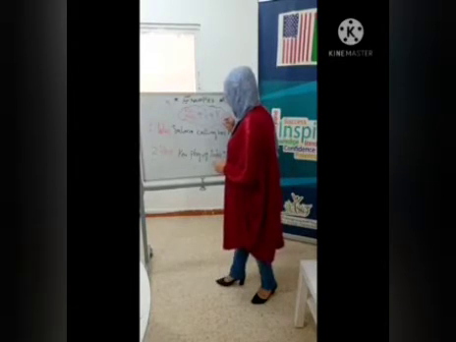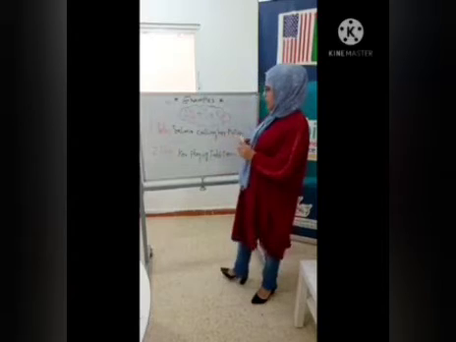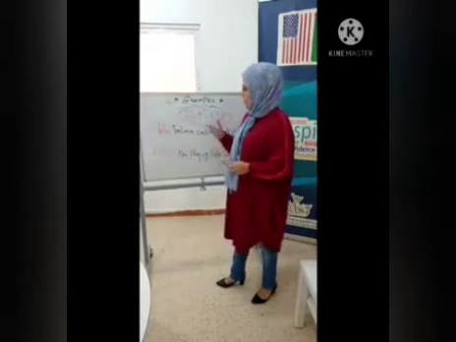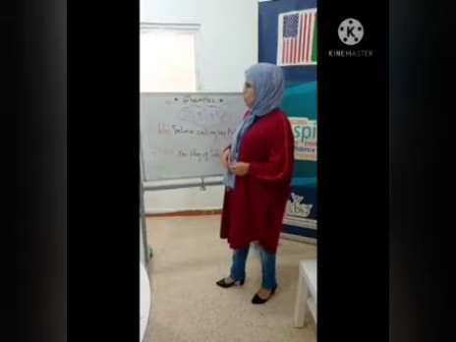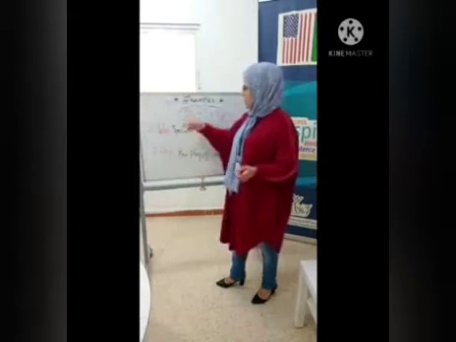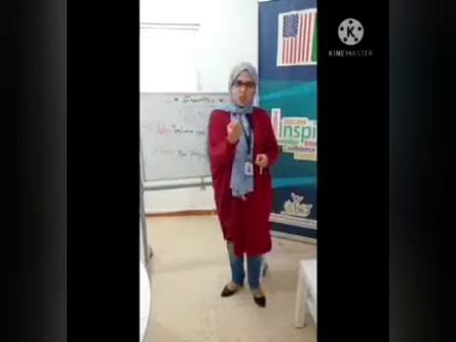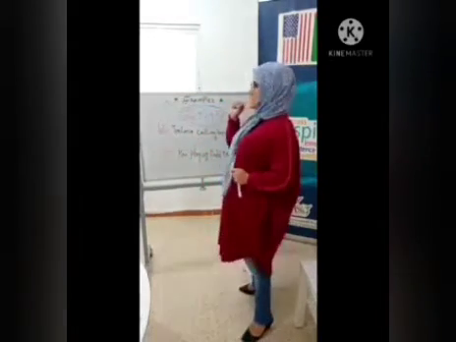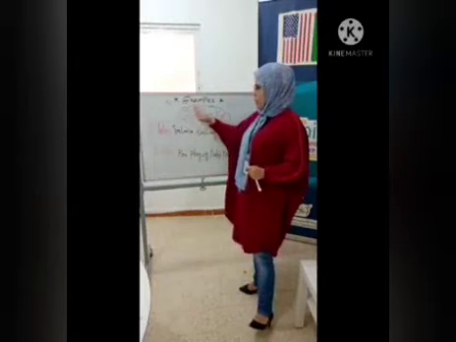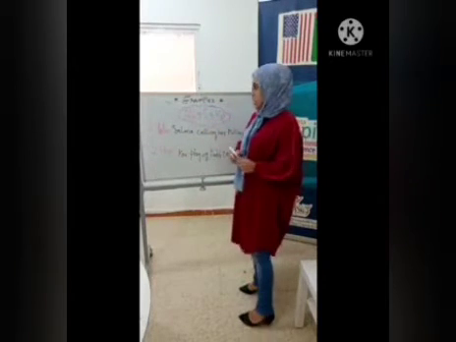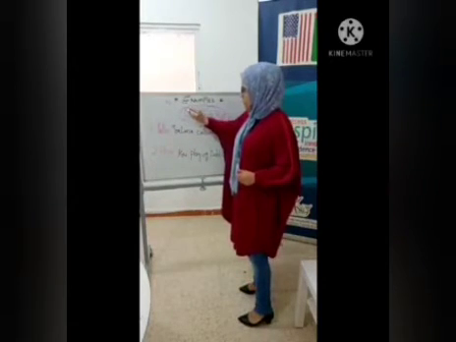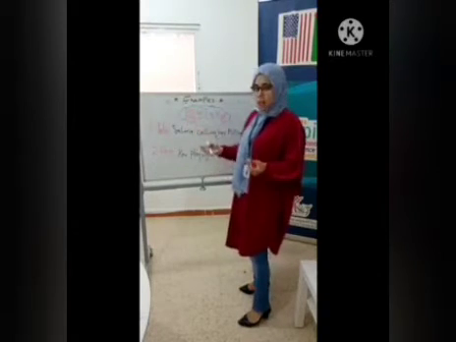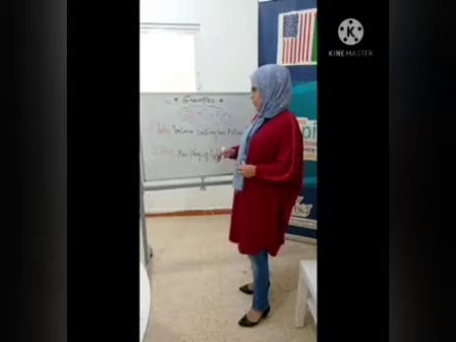Okay, so what happened in the question? When we ask a question in past continuous, we just exchange between the subject and the auxiliary verb. So the sentence starts with was or were, and here we must focus on the capital W in was and the capital W in were.